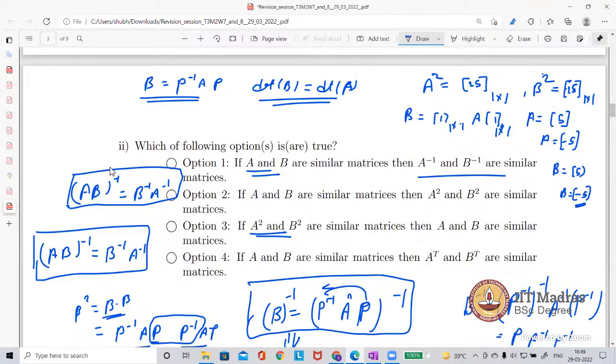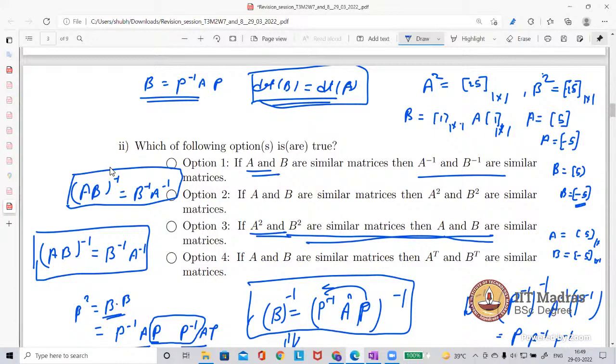So as we know that both have the same determinant, what if we take A equal to 5 and B equal to -5? Are both going to be similar? Not similar, because the determinants are not the same, they are different. So for a simple matrix of order 1 cross 1, it is not satisfying here.